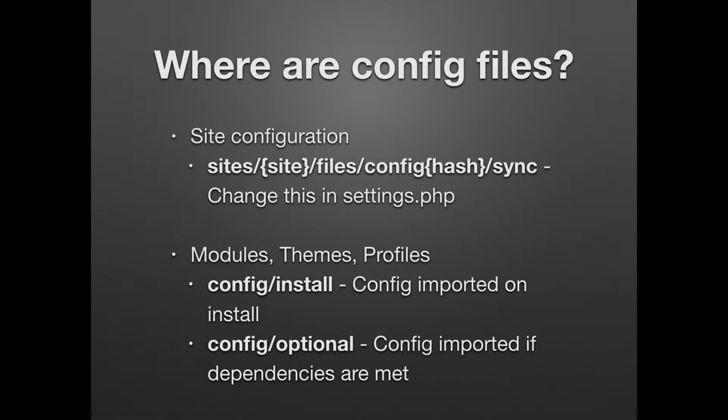Sometimes modules can work with other modules, but if you don't have that module, it's all right, and you don't want to install the configuration for something that doesn't exist. So the optional folder will import configuration based on certain dependencies. Most of that you don't need to worry about unless you're an actual module developer.